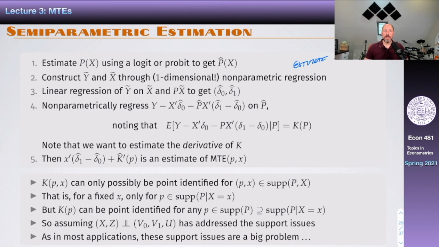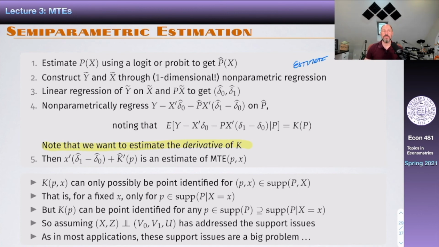What we want is the derivatives of k. So typically, you can do this in one step. What procedure will give you the function and the derivative in one step? One thing you can do is local linear estimation, right? A local linear regression, local quadratic, and then you do that, and you get the function and the derivative.